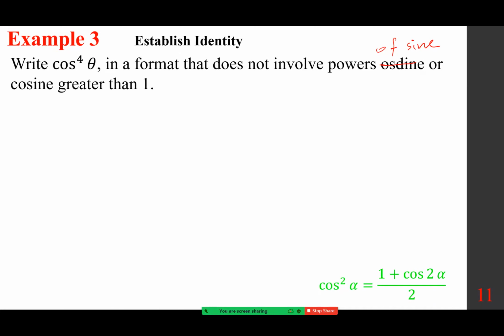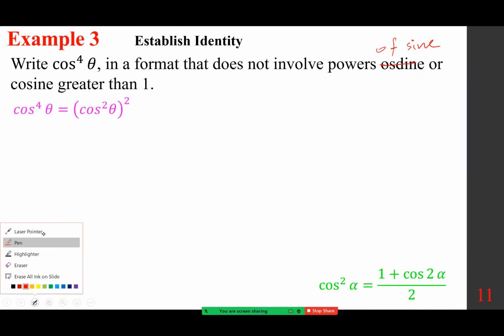And cosine to the power of 4 is cosine squared to the second power. We use this formula: cosine squared is 1 plus cosine 2 alpha over 2. So we're going to replace this with this formula. Of course, instead of alpha, we're going to use theta.